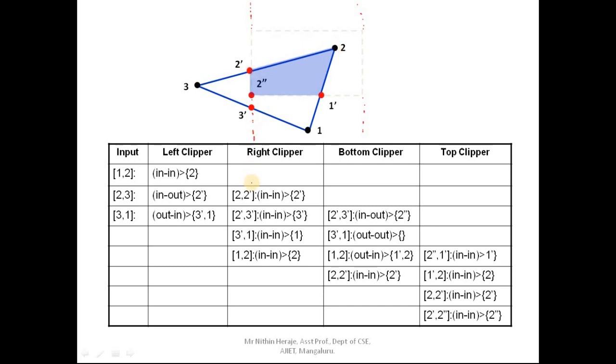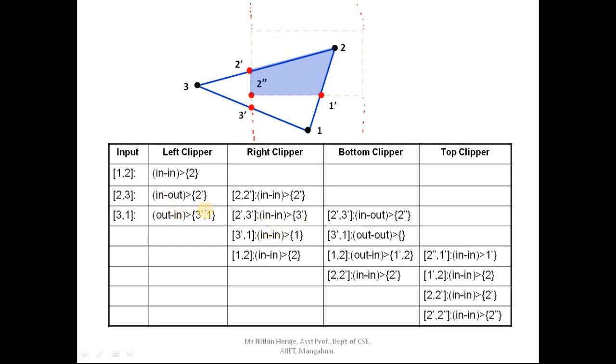So in the output is this 2 dash. Next line segment is 2 dash comma 3 dash. So in 2 dash 3 dash, this is 2 dash and this is 3 dash. Both are towards the left side of this line, hence treated as inside itself. So in and the edge output will be 3 dash. So that 3 dash is given here.